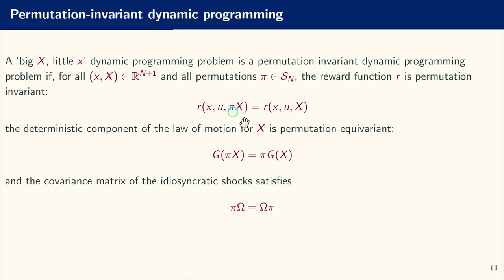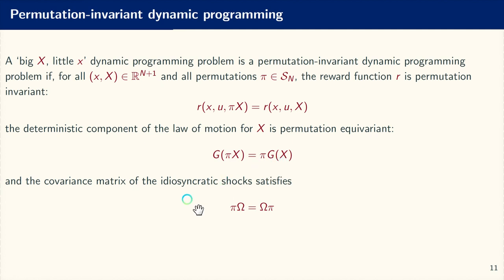That is, if I just switch the agents in the big vector X, the return is the same. If the deterministic component of the law of motion is permutation invariant, that is, I again rotate the elements of the vector x in G, and nothing happens, I will just take G of x and rotate it.